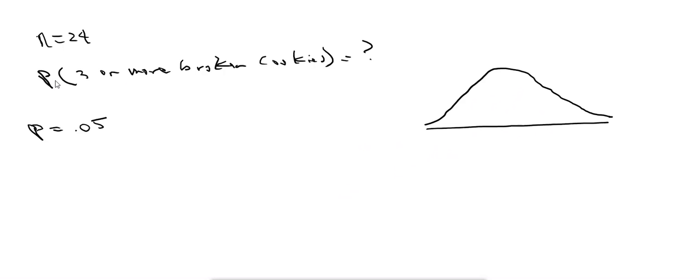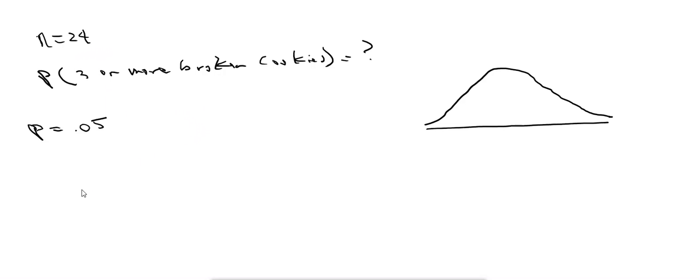We don't want to use the binomial probability formula, because to find 3 or more, you have to find the probability of 3 plus the probability of 4 plus the probability of 5, and so on, the whole way up to 24. That's one possibility for doing the problem, and that's a lot of work.